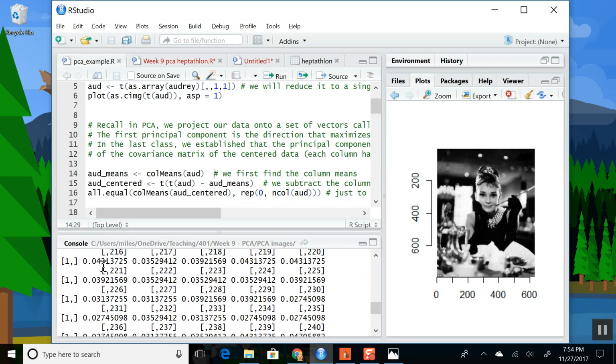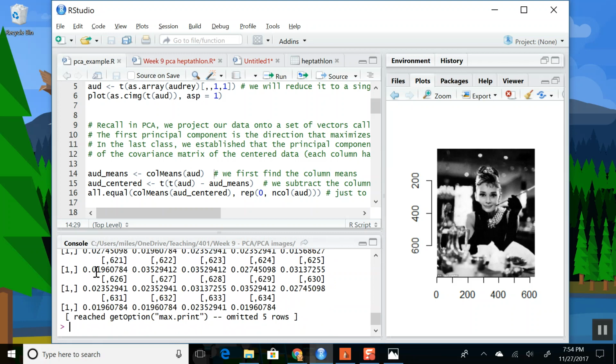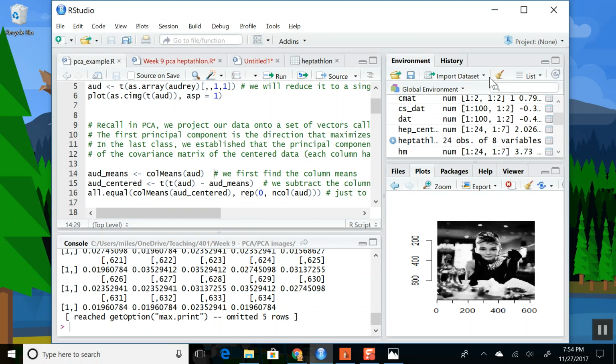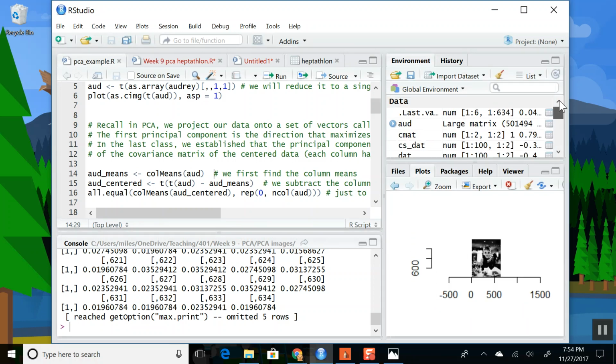But each value here now represents how bright or how dark the pixel needs to be. So I've got a whole bunch of data, and this is stored in memory.